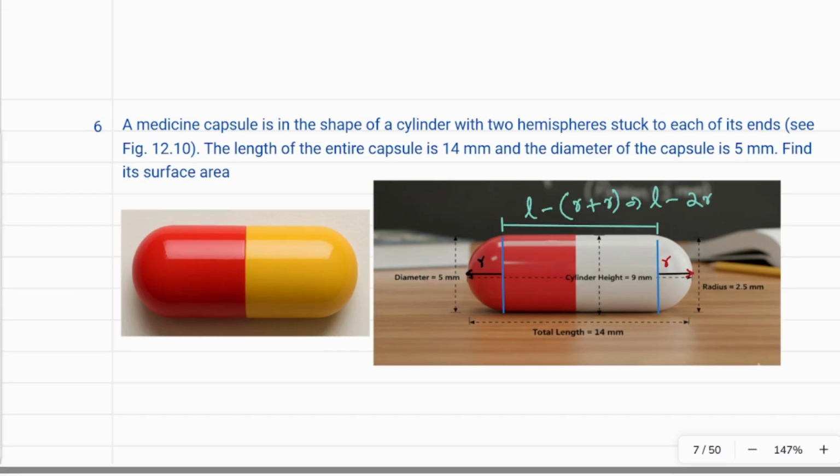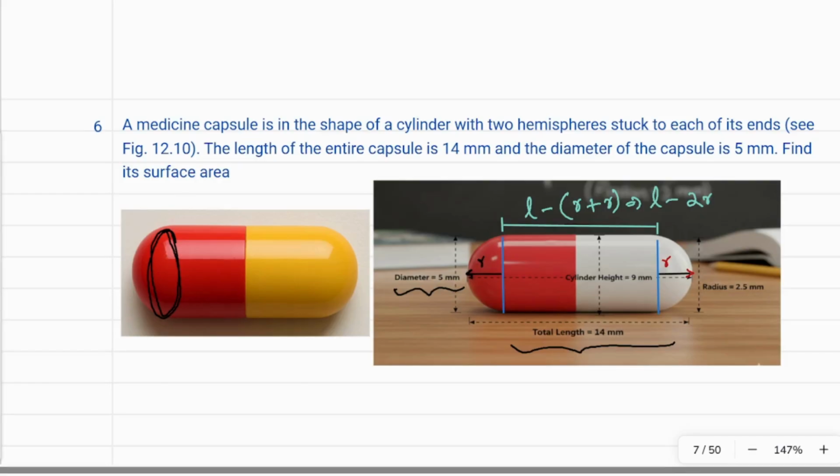Okay, so now look, they are telling that this entire capsule's length is 14 mm and the diameter of the capsule is given as 5 mm. That means from here till here, when we are calculating the circular region, this diameter is equal to 5 millimeter. And we have to find the surface area.